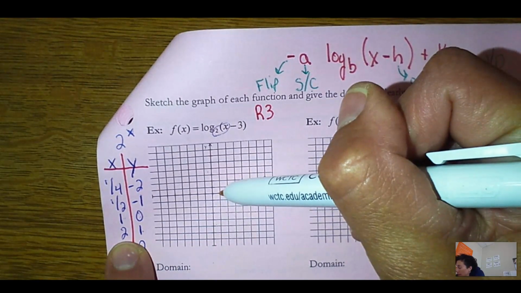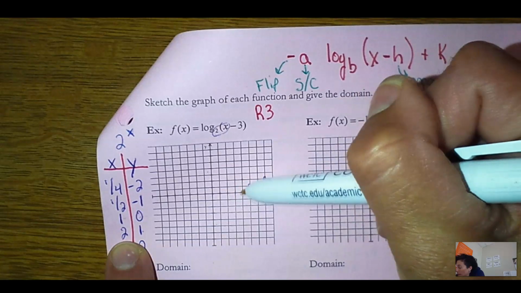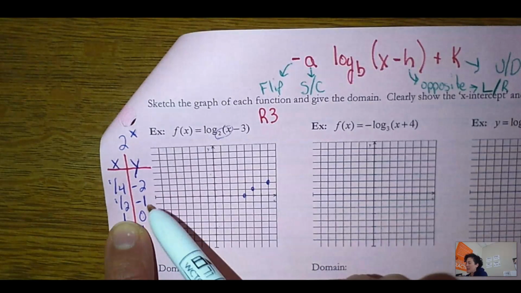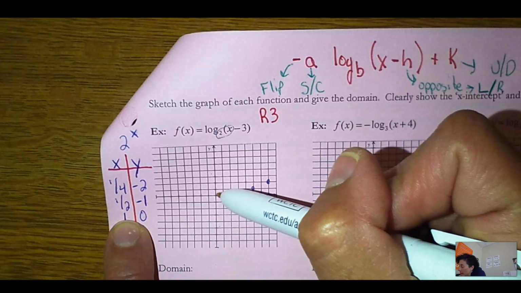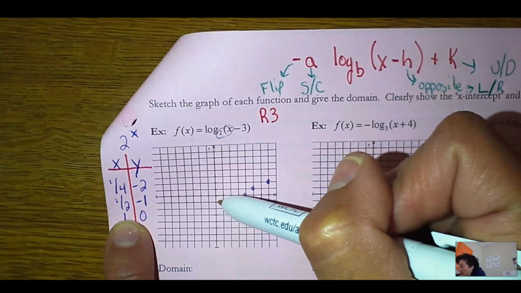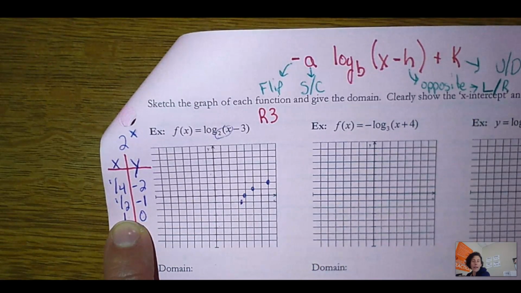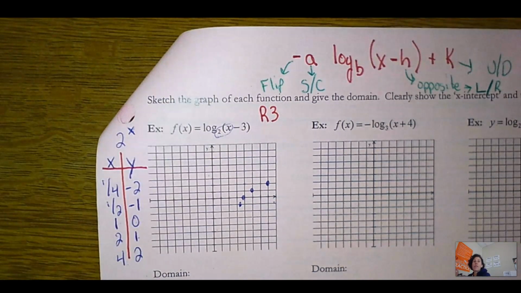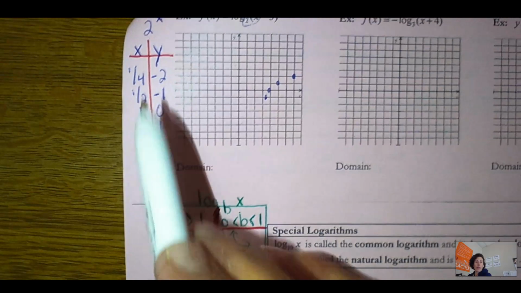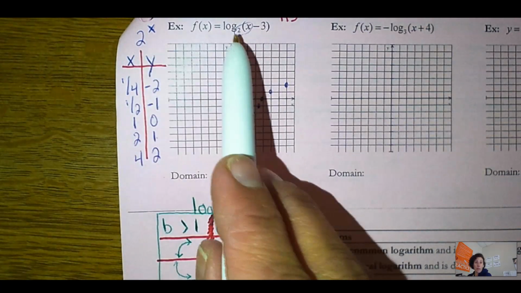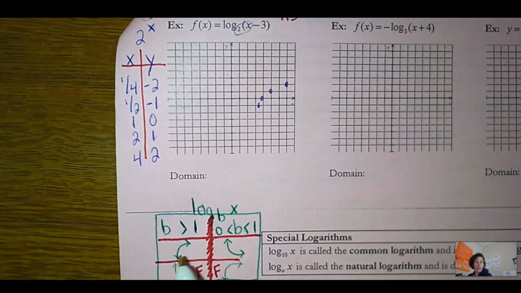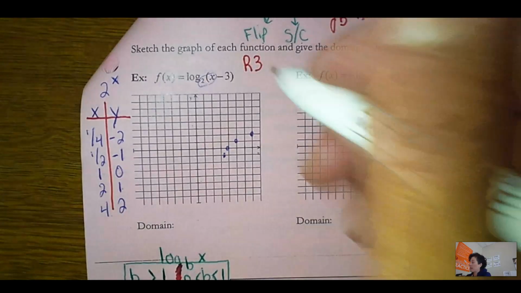And there's 1, 0, and it's going to go right 3. And that's it. I guess I could put negative 1 or a half and go right 3, but I don't need to. I don't care to graph the fractions. So remember, this is growth because our base is bigger than 1. So this is the shape we're looking for here.